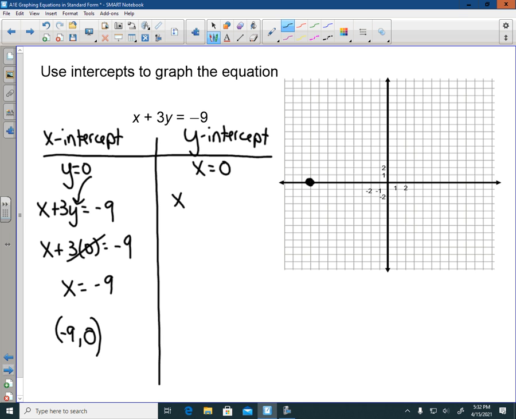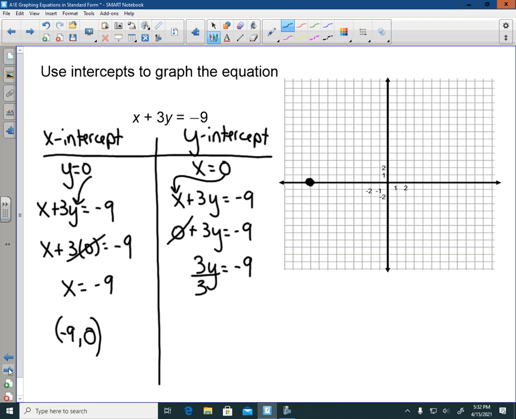We have x plus 3y equals -9. Now we're going to take that 0 and put it in for x. So we have 0 plus 3y equals -9. Well, this 0 goes away, and we have 3y equals -9.